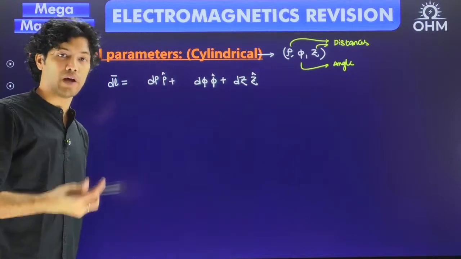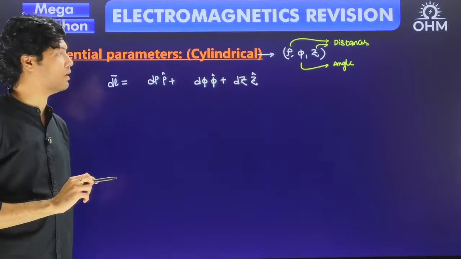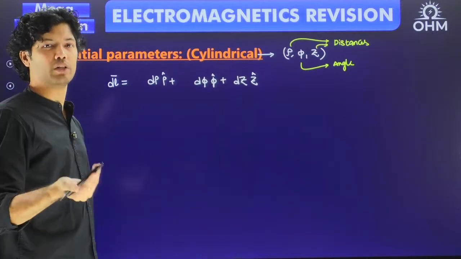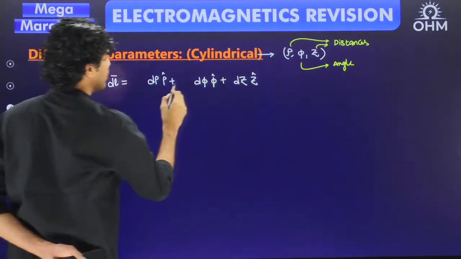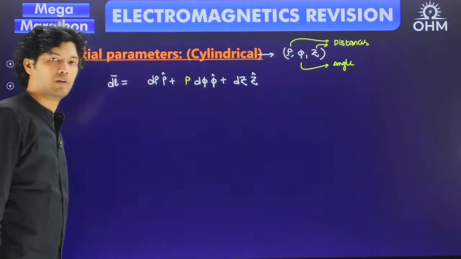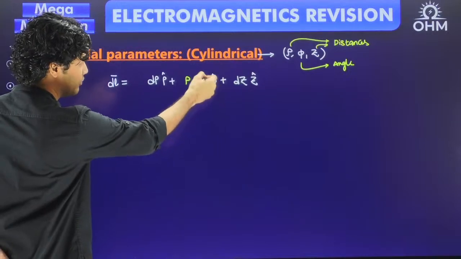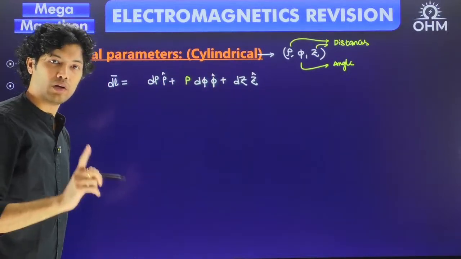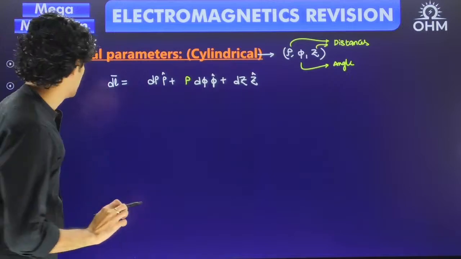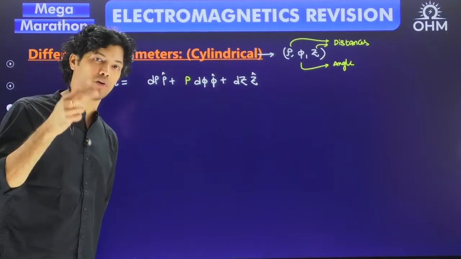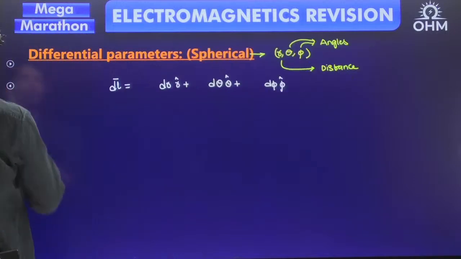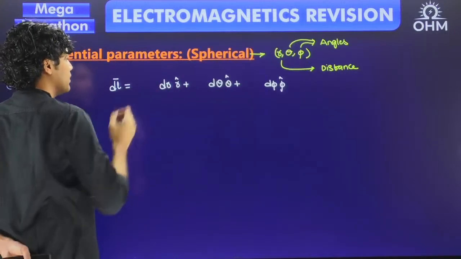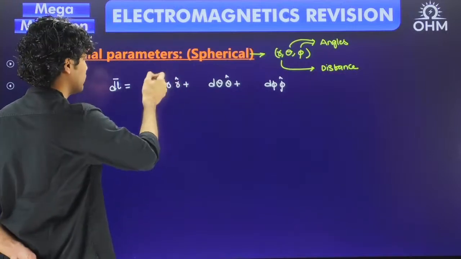The coefficient of angles will be some other variable or function of variables, and that term here is nothing but rho. The coefficient that you are having for d phi now becomes equal to rho. Only for angle parameters we'll have coefficients, and overall there are only 2.